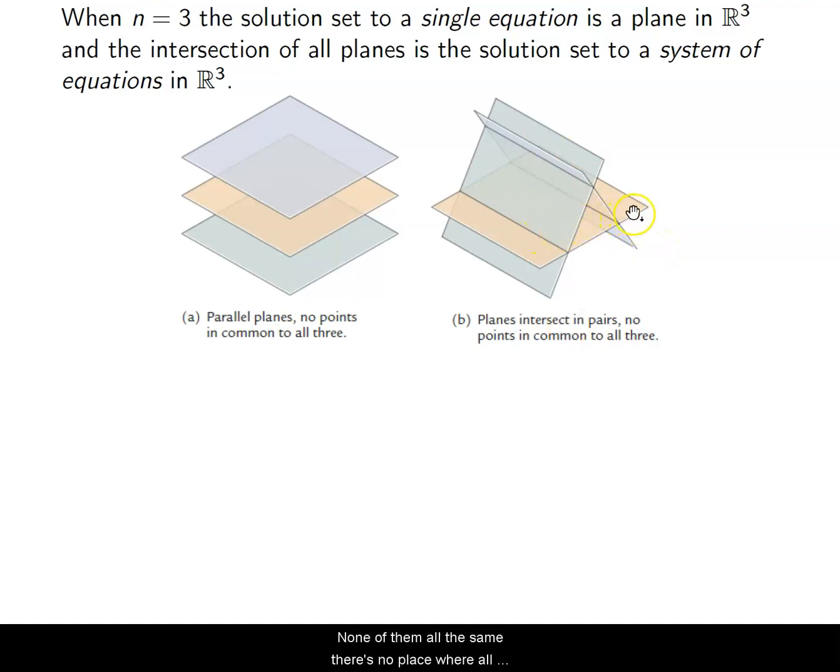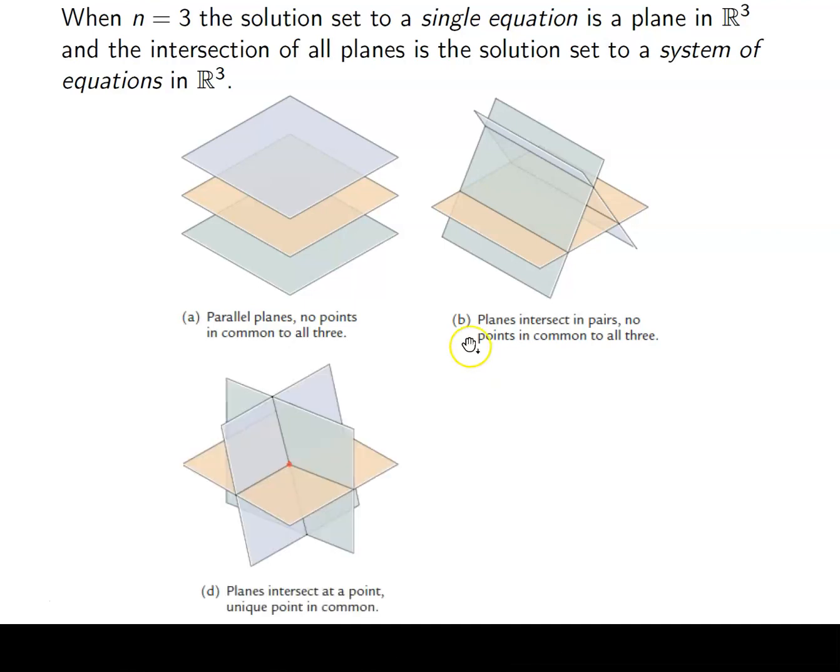There's no place where all 3 of these intersect together. Okay, so there are no solutions to this system either. Okay, remember, that solution needs to be where all 3 planes intersect, right? So this is just a little bit of the geometry of what it is that we're going to be looking at. Okay, here we have a solution.